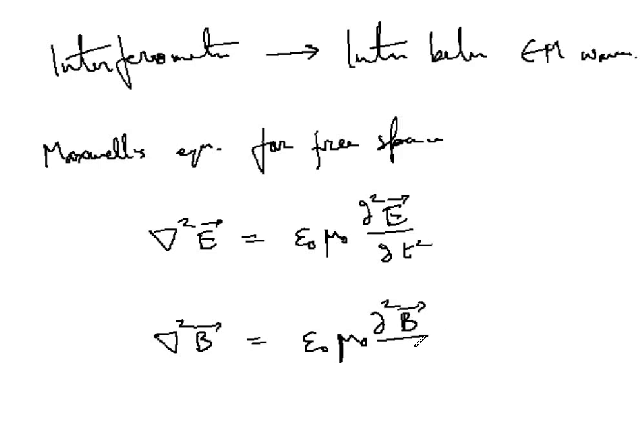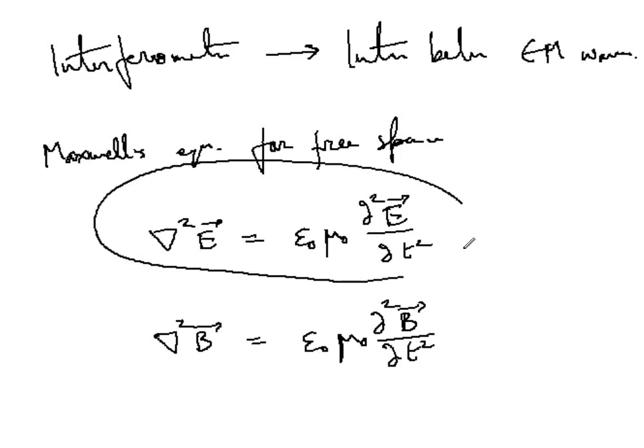Now you must be thinking, why are we talking about Maxwell's equations all of a sudden in this case of interference? Now the reason is that, let me now concentrate on this equation.